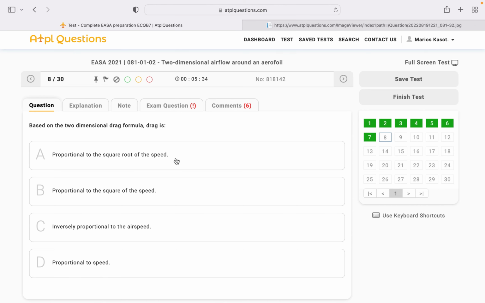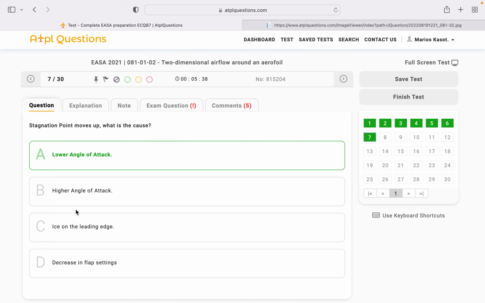The rest of the answers were higher angle of attack. Of course, no, because at higher angle of attack the stagnation point will move to the lower surface of the aerofoil. Ice on the leading edge, no, and decreasing flap settings, no.